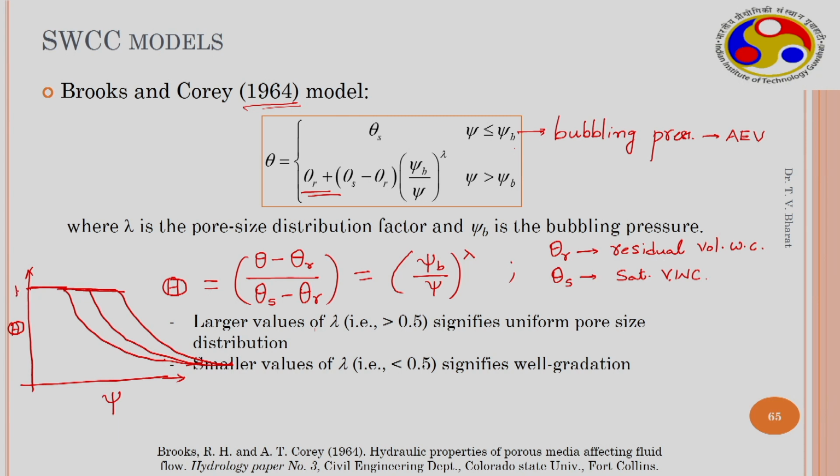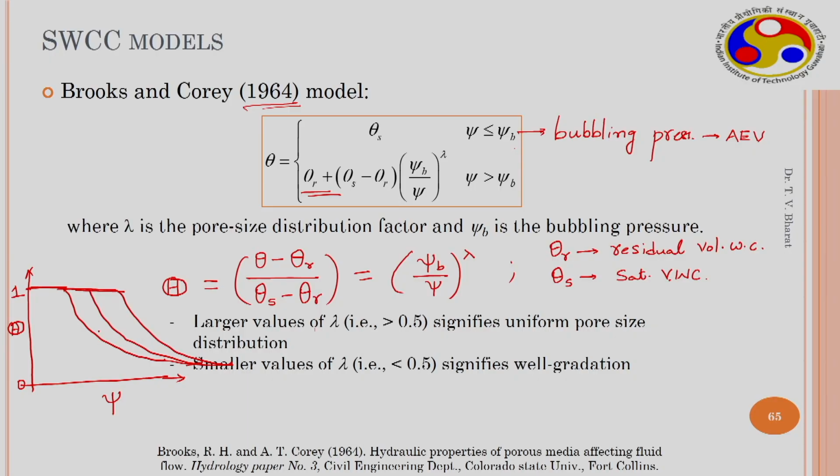The normalized volumetric water content varies from 0 to 1 because when theta approaches the saturated volumetric water content, which equals porosity, then this whole thing becomes 1.